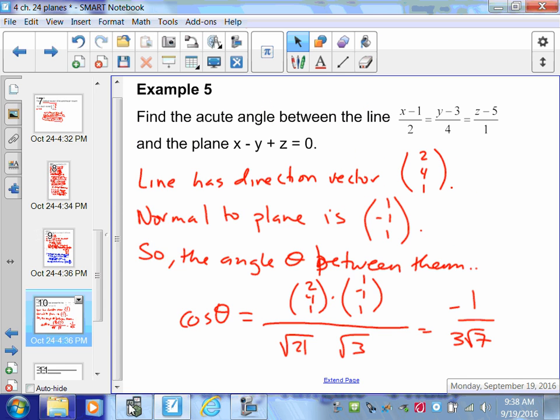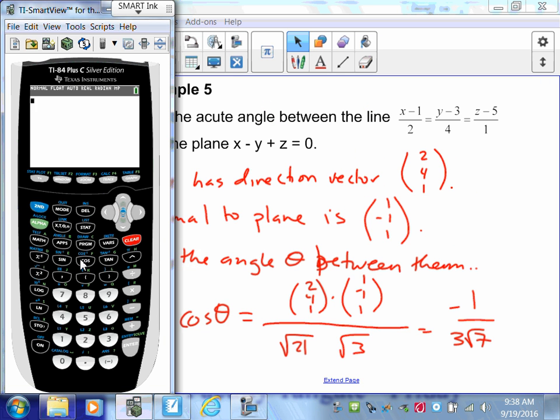If you hit second cosine of -1 divided by 3√7, the answer is 1 point something, and I need the mode to be in degrees.